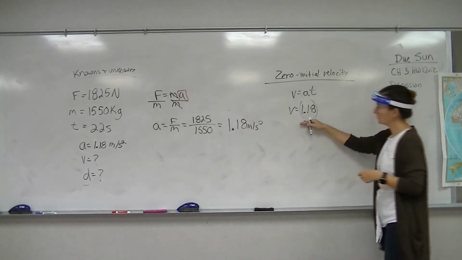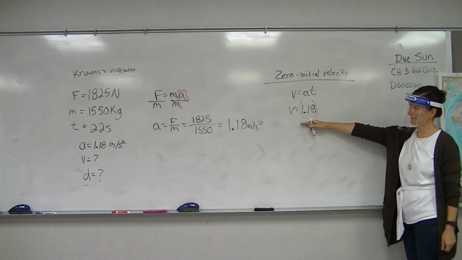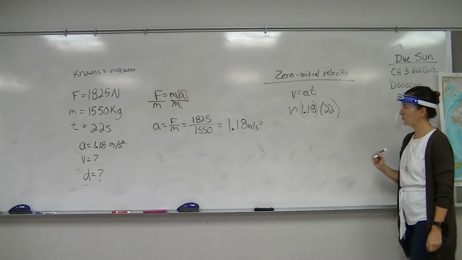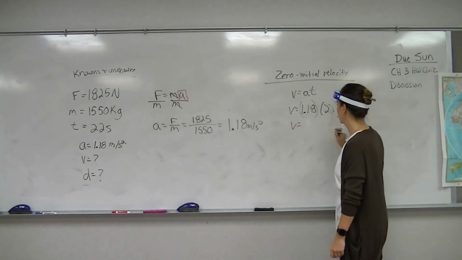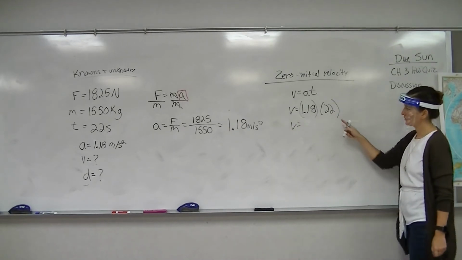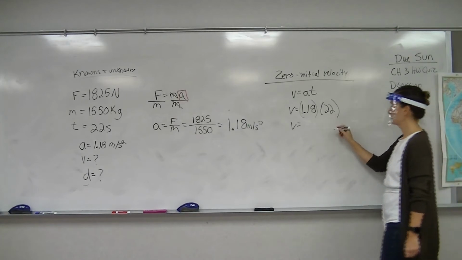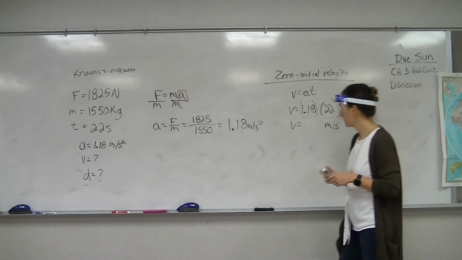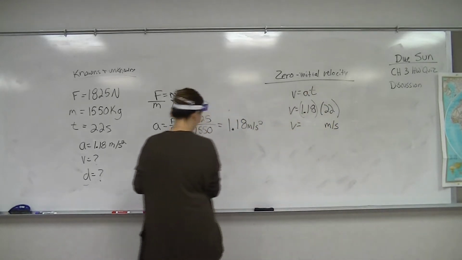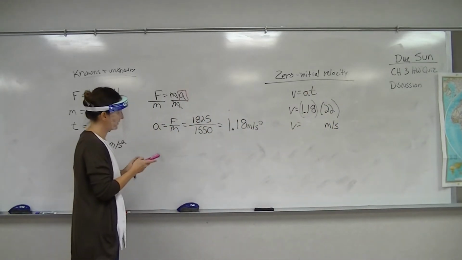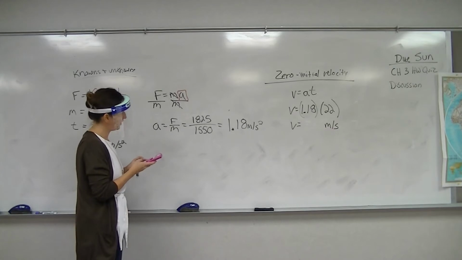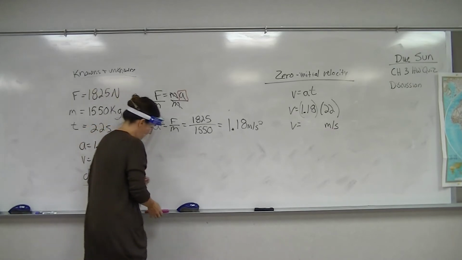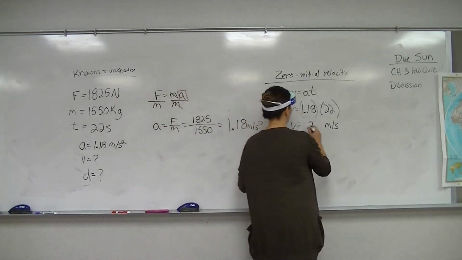So we have our acceleration of 1.18. We have our time of 22. And it looks like only 2 sig figs for this one. The units are going to be meters per second. That's actually kind of booking it for towing a car. 26 is what I get.